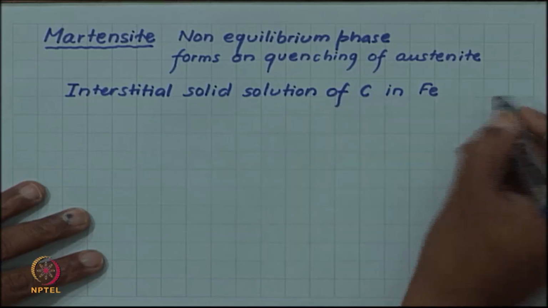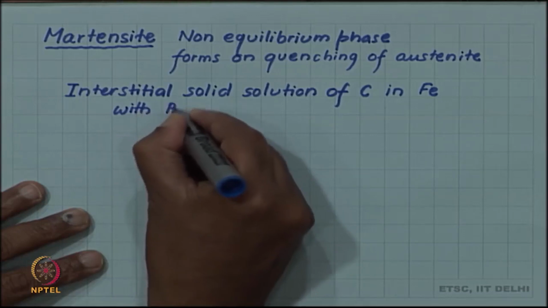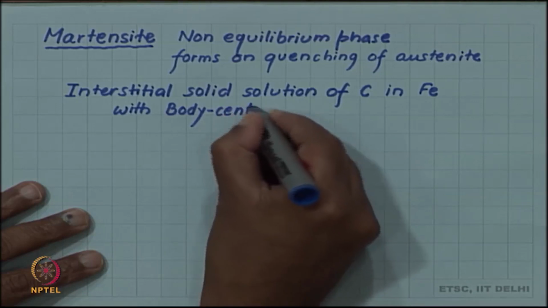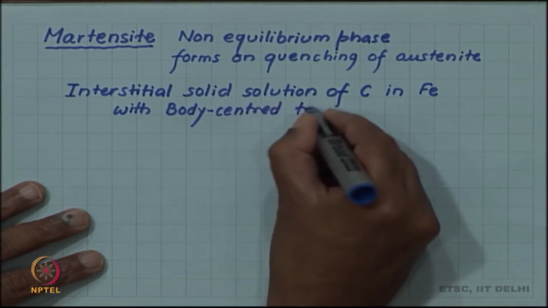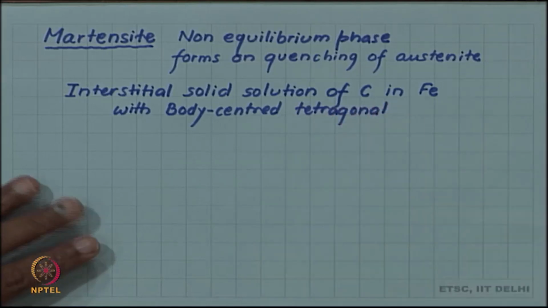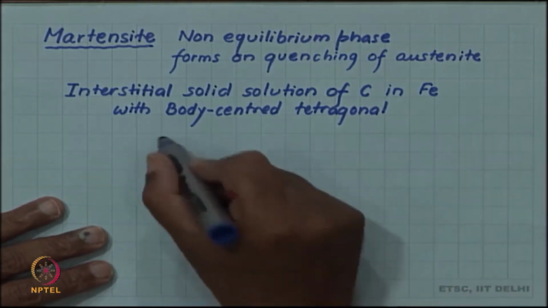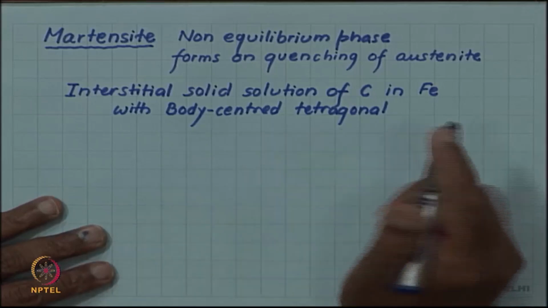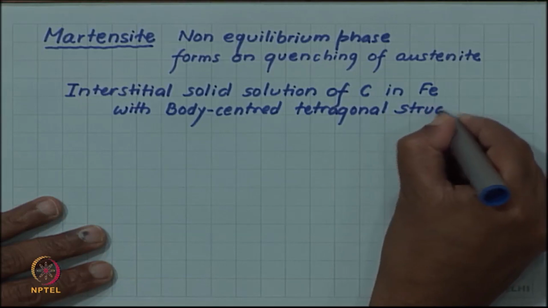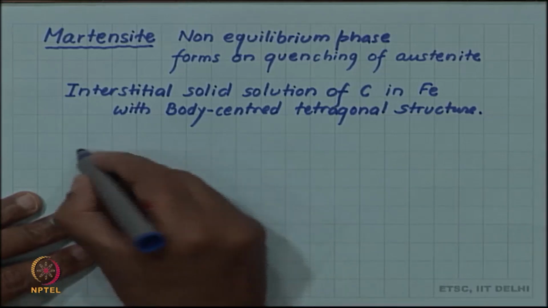It is an interstitial solid solution of carbon in iron with body centered tetragonal structure. Both ferrite and austenite were cubic phases, but now we have a tetragonal structure. So, body centered tetragonal crystal structure is what martensite is for us.